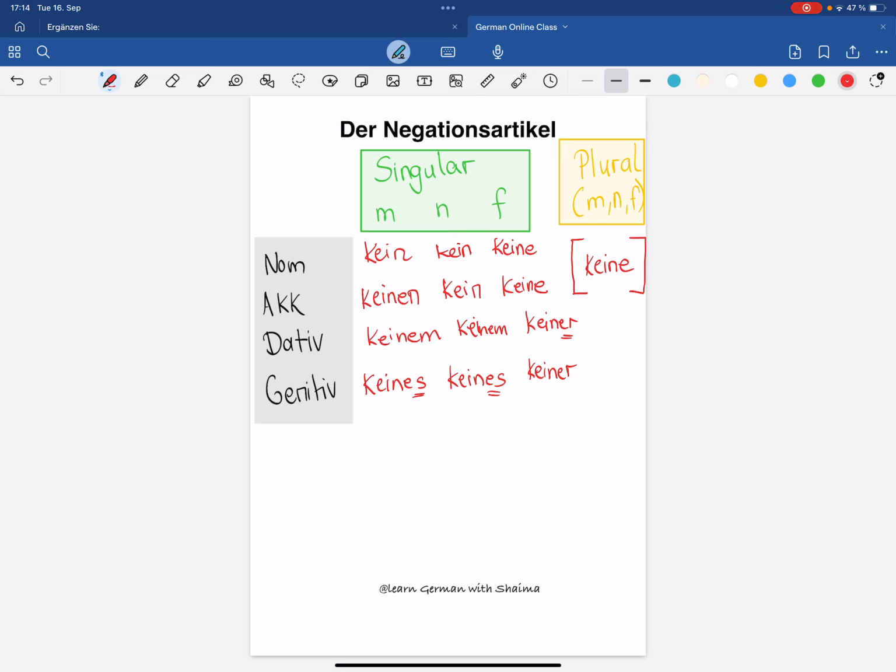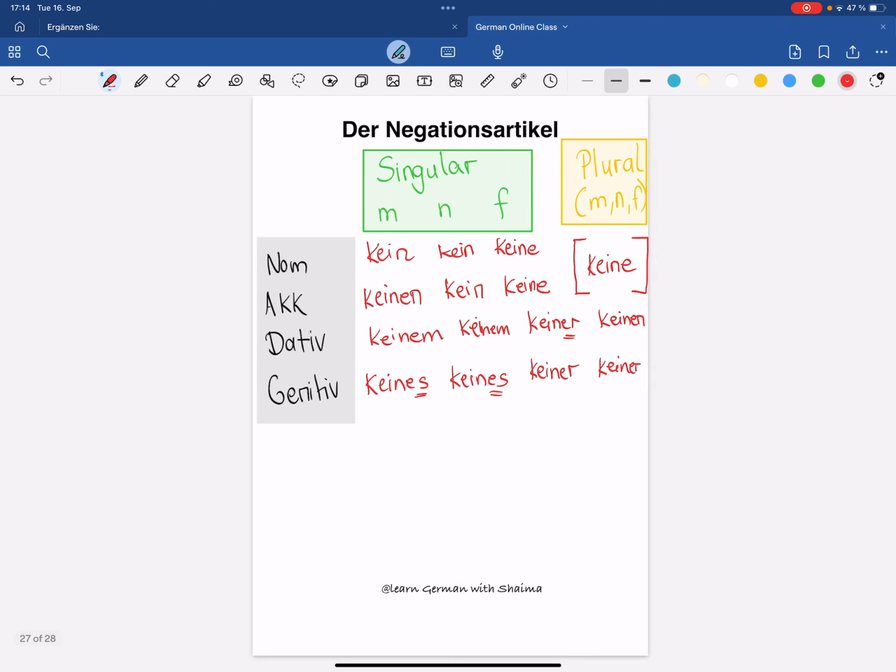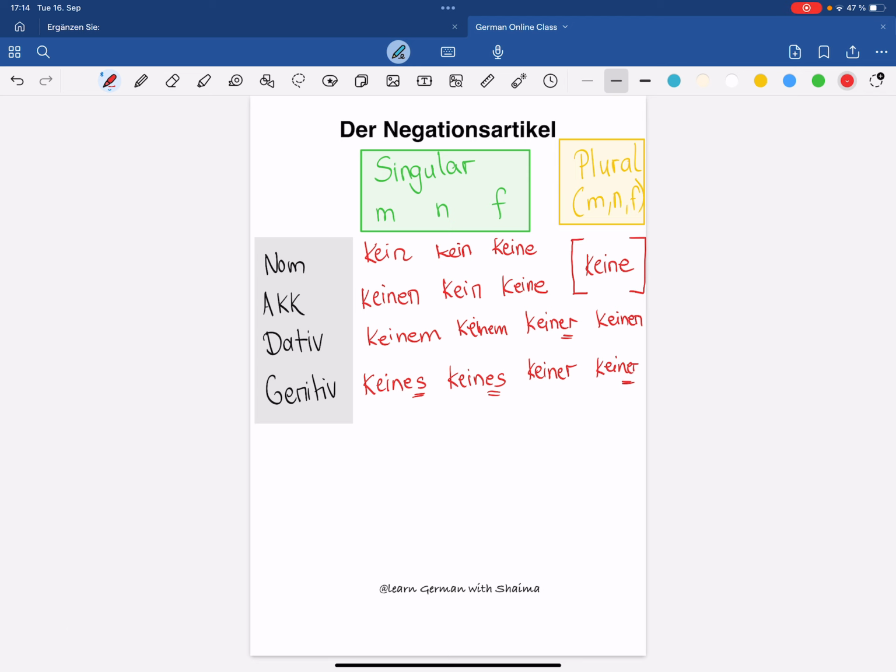So keine. And then Dativ, it's keinen, plural, and then you have the genitive, which is then keiner. So here you can see that in genitive the plural is keiner, but in dative the feminine is also keiner.